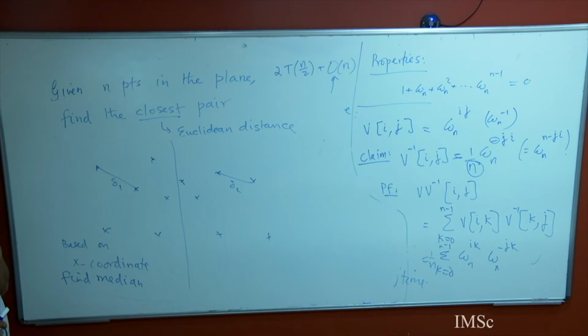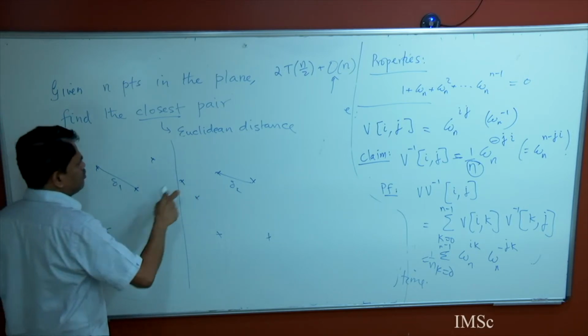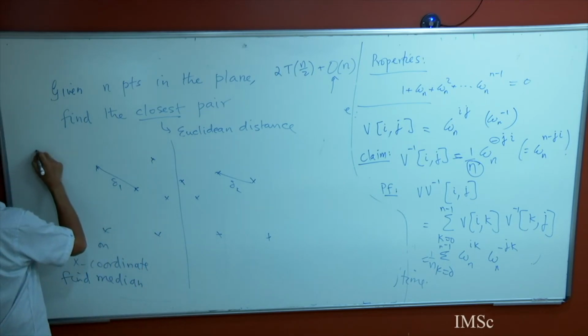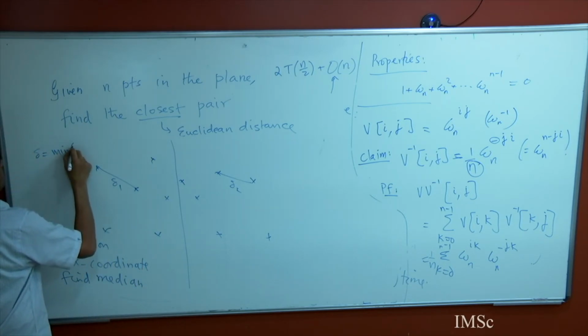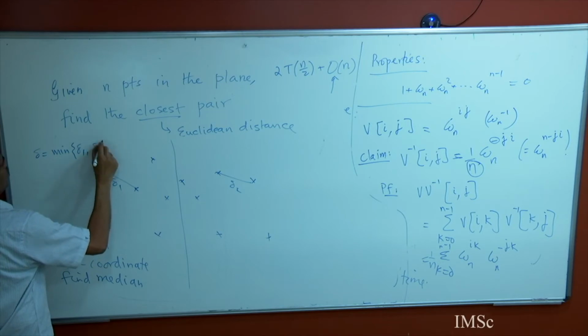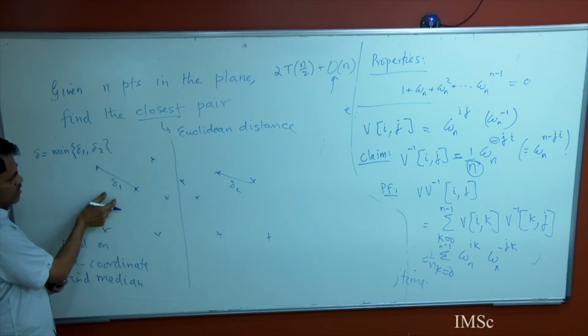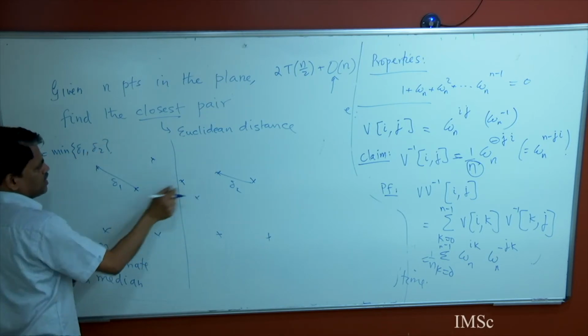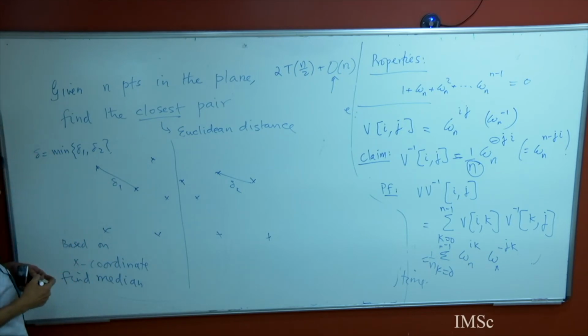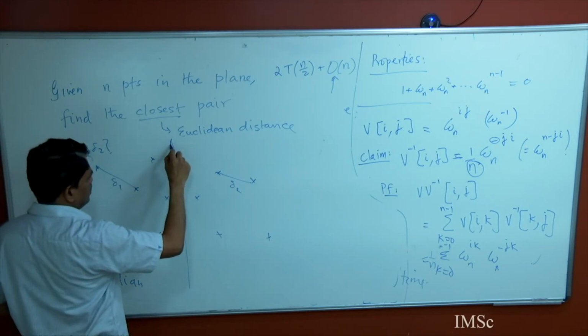So let's use some more observations, okay. So suppose my delta is min of delta 1 comma delta 2, okay. So I find the closest pair here, and the minimum is some delta, and I have this median, okay.